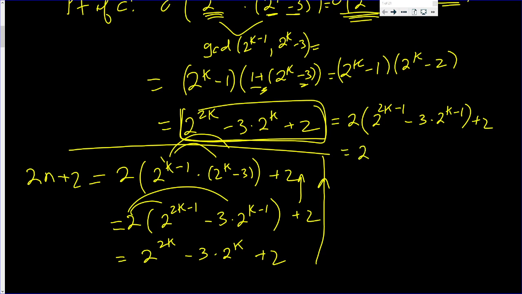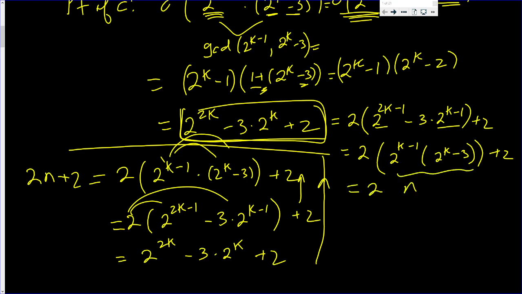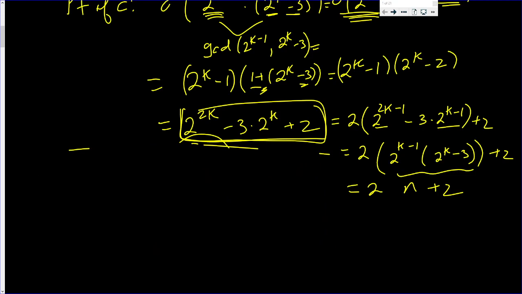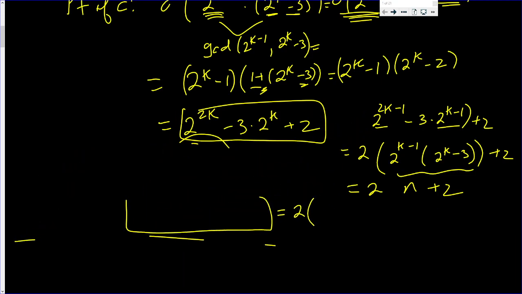This is 2 times, so I factor out the 2 to the 2k minus 1, 2 to the k minus 1, and what's left is 2 to the k minus 3. Don't forget the plus 2. But this is 2 times, oh, that's n, plus 2. So I'm just going to erase this because now I have a cleaner proof. All I did was read it backwards.